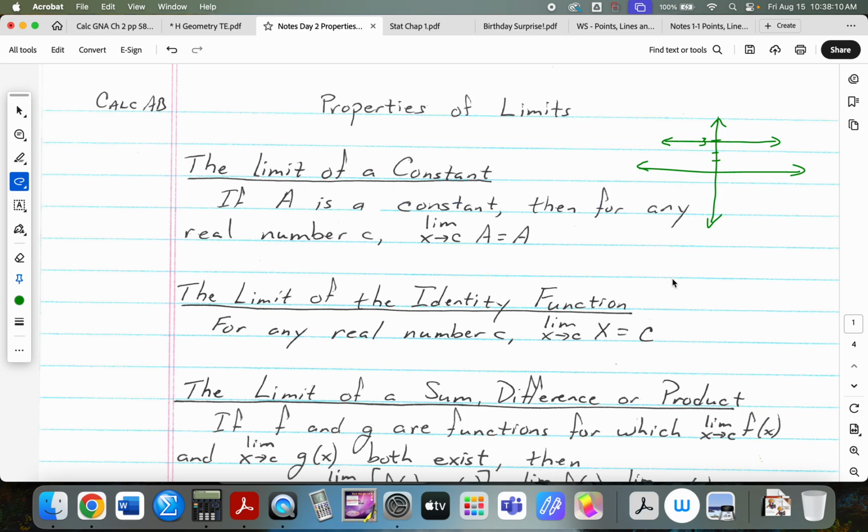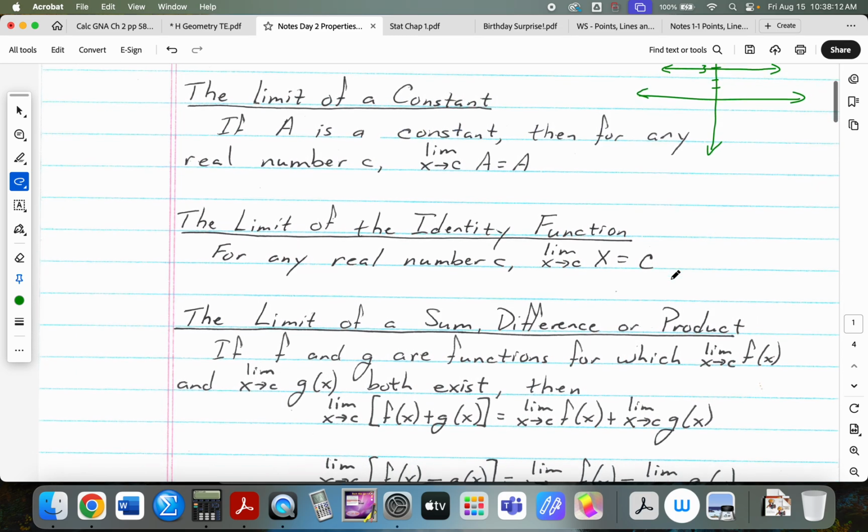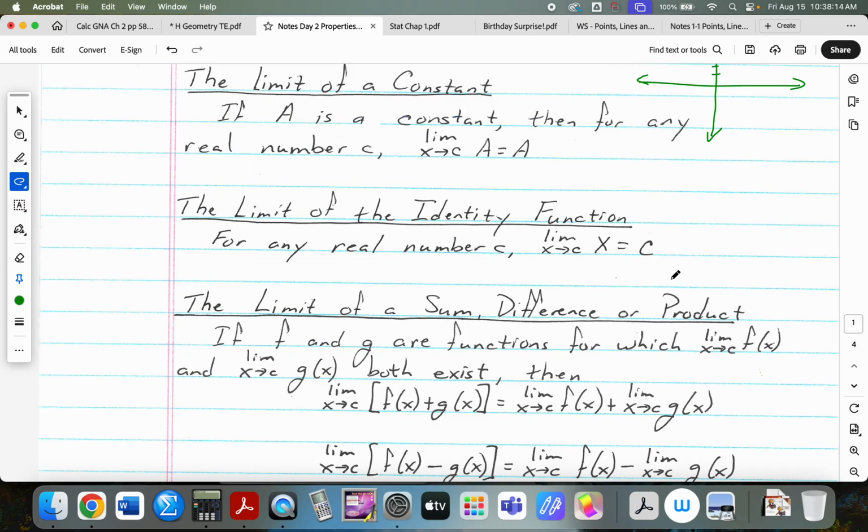All right? So what about the identity function? When they say the identity function, do you know what that is? It's y equals x. Y is identical to x. That's going to go through things like 2, 2 and -5, -5, right?